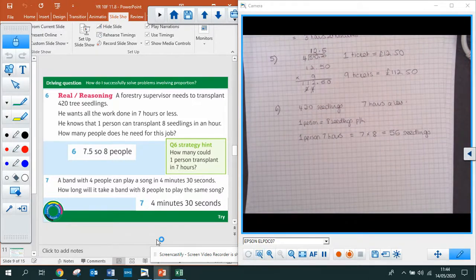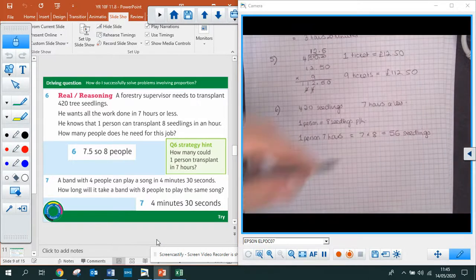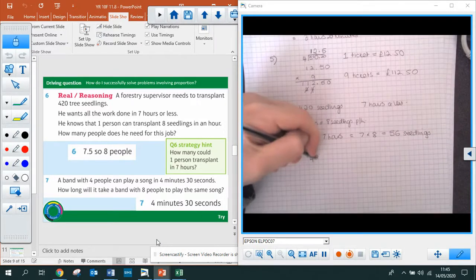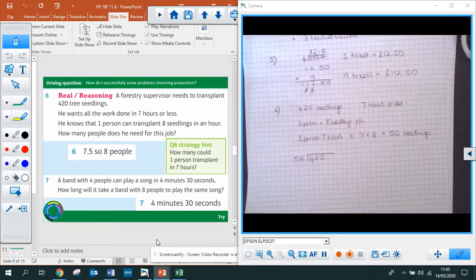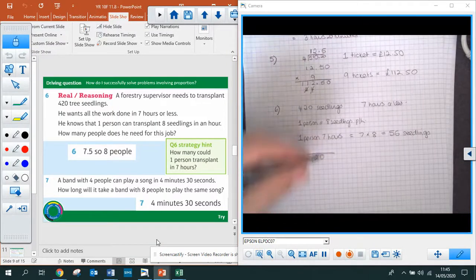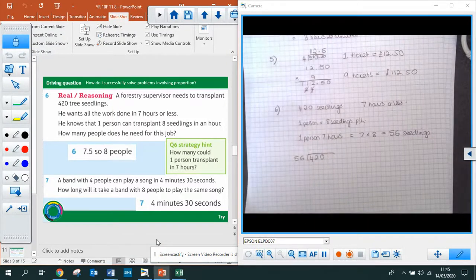But he needs 420 seedlings. So what we need to do is 420, which is the total amount that he wants done, divided by the amount of seedlings one person can do in the 7 hours. By doing that, we will find out how many people he will need to get his target of 420 seedlings.